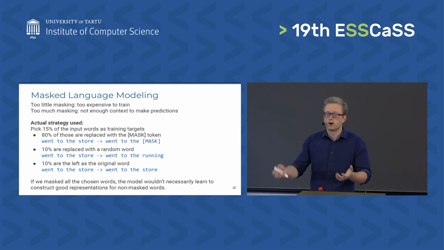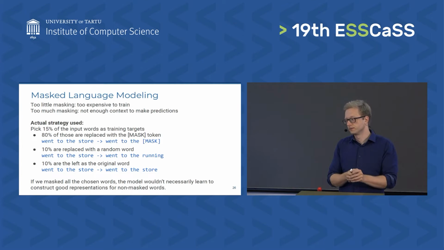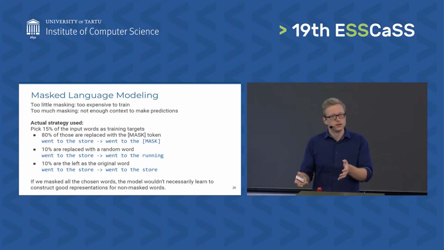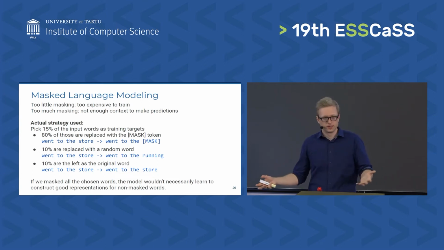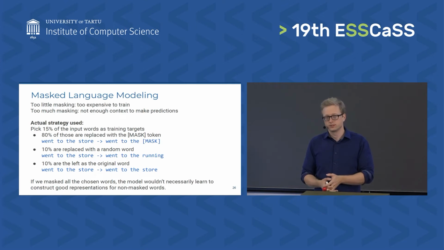So it might not actually start constructing contextual representations for all the words. In contrast, when we are actually using these models, we never mask our input. We only want vector representations for words that are unmasked.